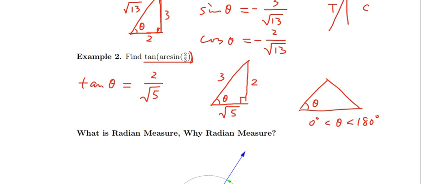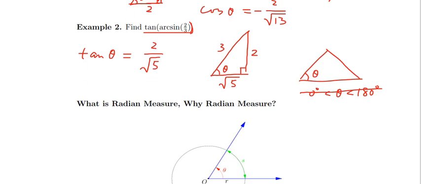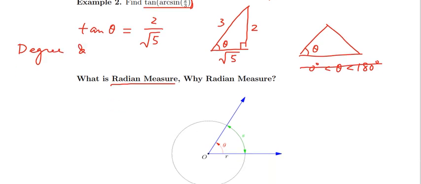But we mentioned an angle can be any angle, right? So we can use any degree. So we can use the general angle definition. So far for angles we use degrees, but in calculus we have radian measure. So to measure angles, we have 2 ways: use degrees, and use radians.